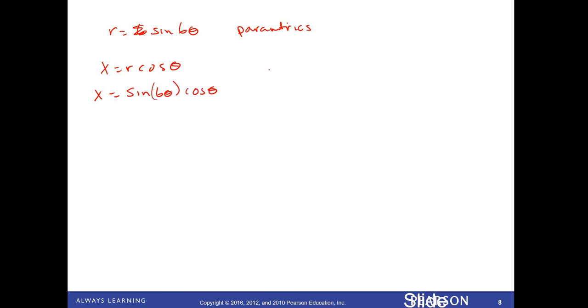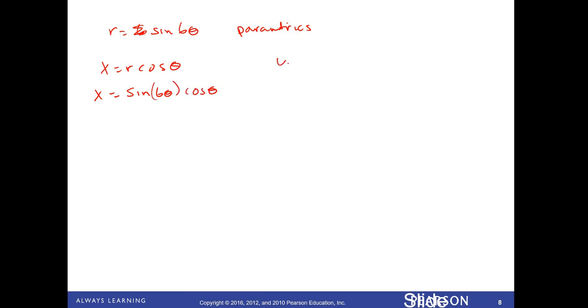So if I want to change r equals sine of 6 theta to parametrics, x is r cos theta. r, from my definition, is sine of 6 theta cos theta.